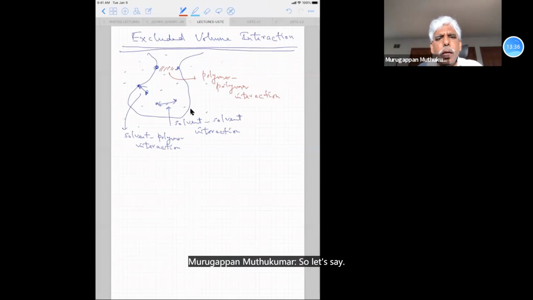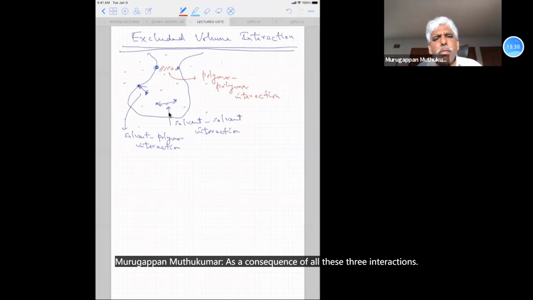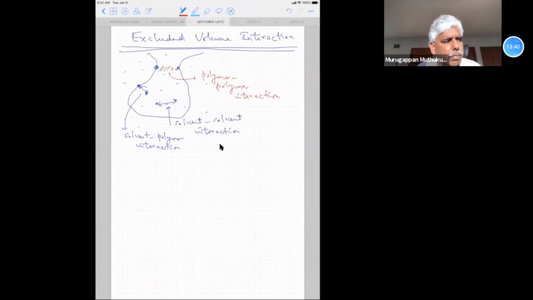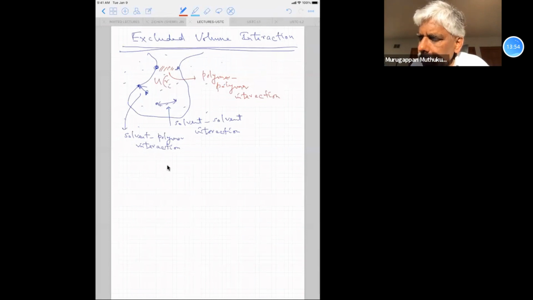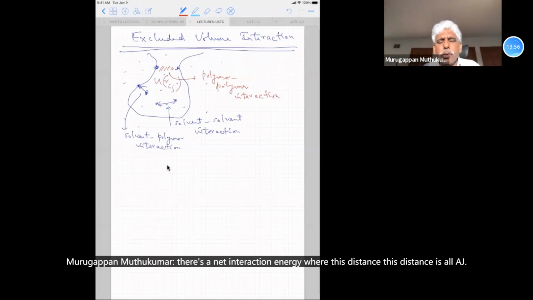So let's say, as a consequence of all these 3 interactions, polymer-polymer interaction, solvent-solvent interaction, polymer-solvent interaction, let's assume there's a net interaction energy. Let me write this to be U(Rij). There's a net interaction energy where this distance is Rij.